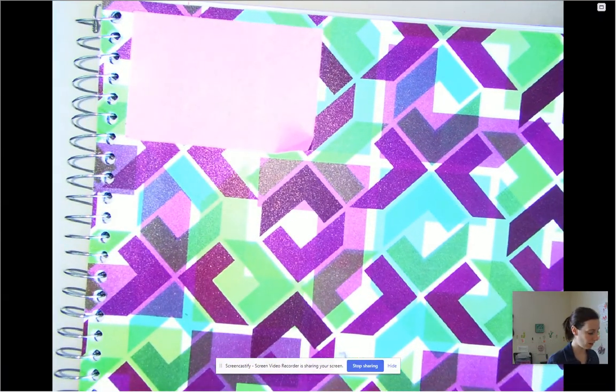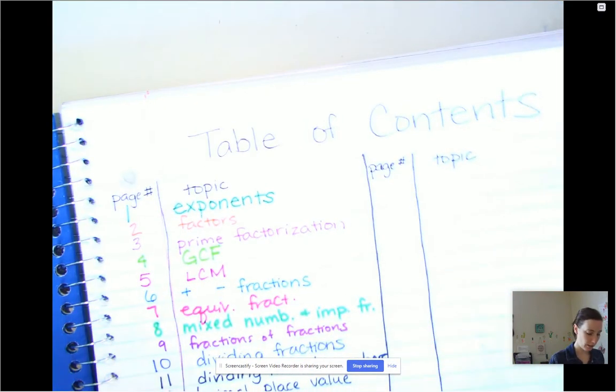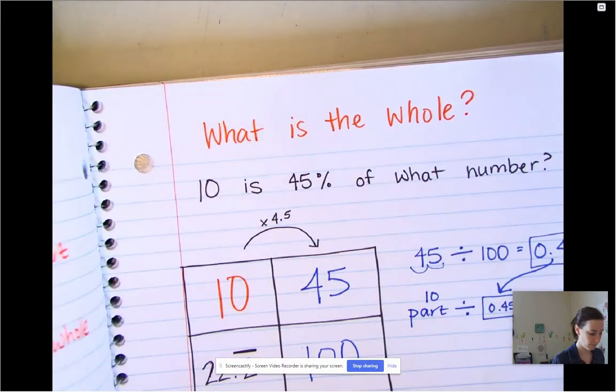Mathematicians, we are on page, let's see, I probably need to update my table of contents. Percent of a number, yep, I needed to do that on page 30.